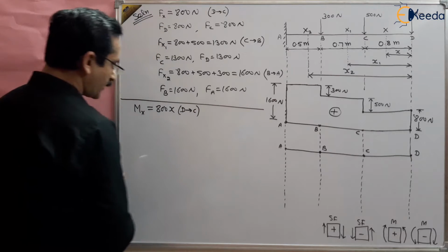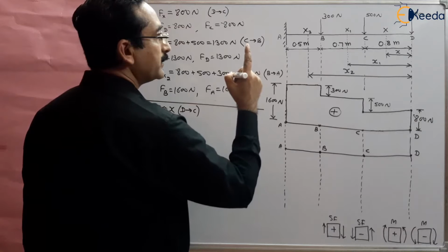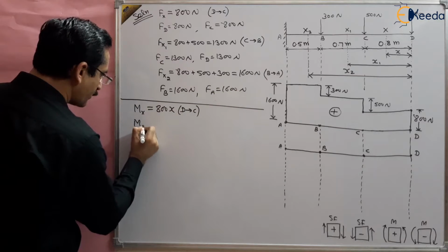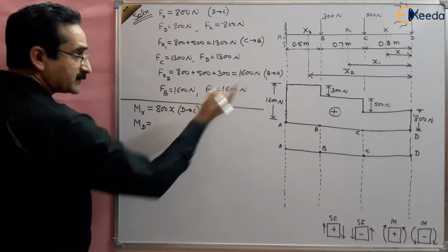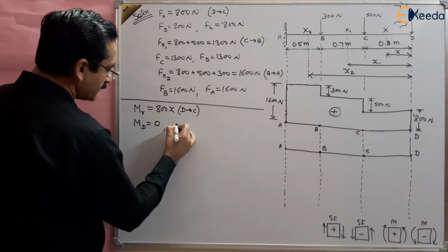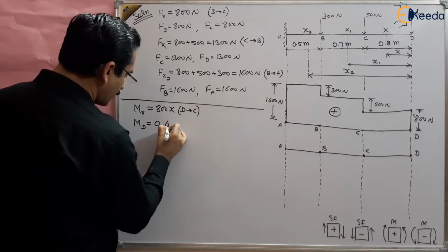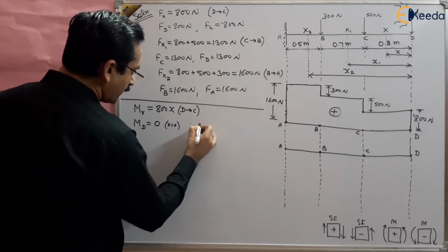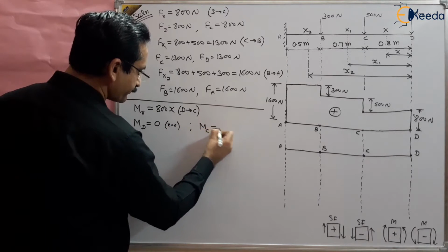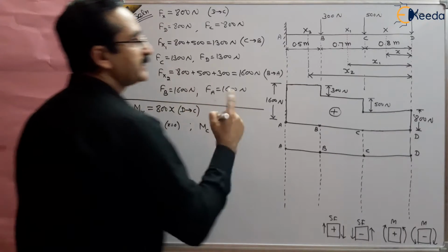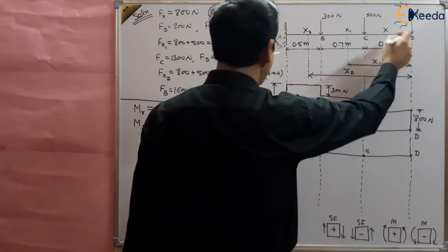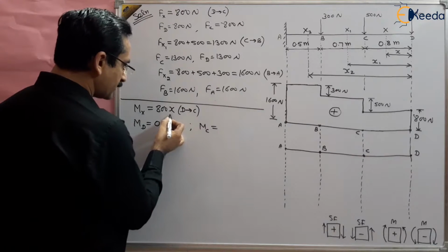D to C. So what will be the moment at D, at the end points? This will be 0 because x is 0 there. You should remember that x is 0 here. And what is the bending moment at C? At C, x is 0.8. So put the value here, 0.8.